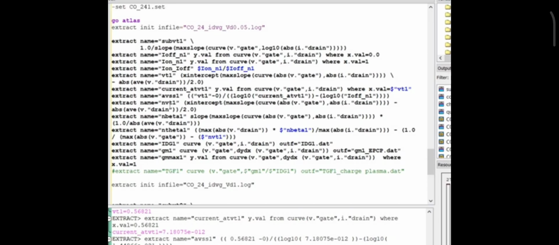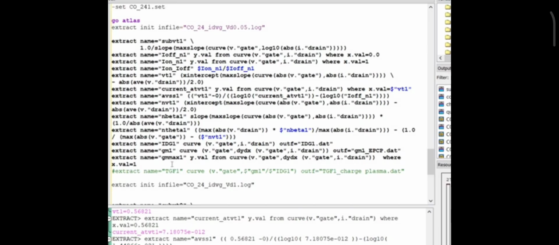Next, leave NVT1, NBeta1 and Ntheta1 and move to the gm. gm is the transconductance. By applying this formula, you will get that file by the name gm1. The name of the file I had given is gm1_epcp.dat.